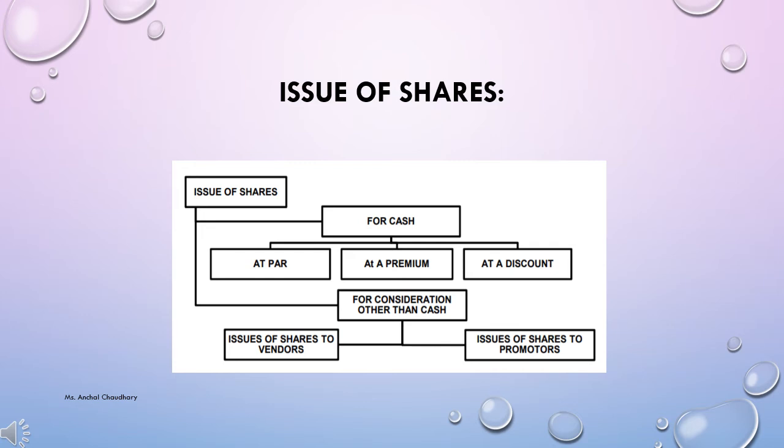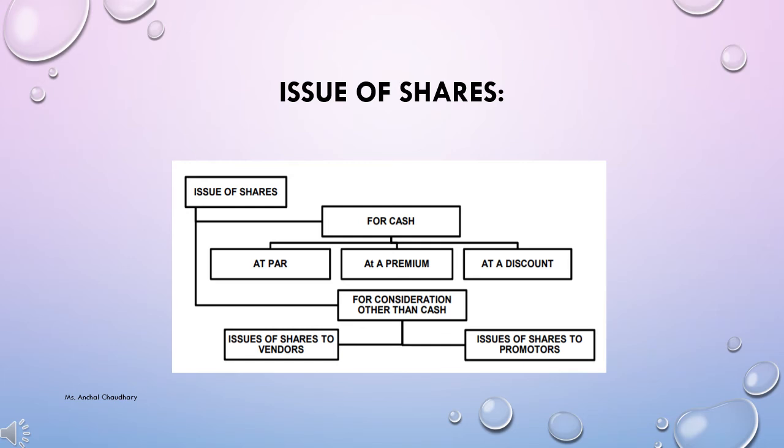And when you ask for extra money, adding some premium on the issue of those shares, it is known as shares issued at a premium. And when you are issuing shares at a discount, like 1 rupee or 2 rupees discount on a particular share, then it is known as issue of shares at a discount.